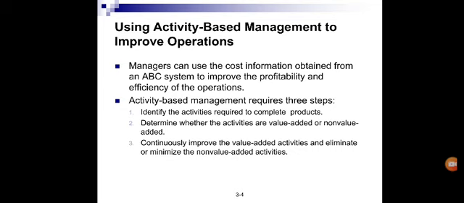When the production process is good, then the cost will become lower, and then most of the time the profit will become bigger. Okay, let's see. Activity-based management requires 3 steps, and the focus is on the activities.